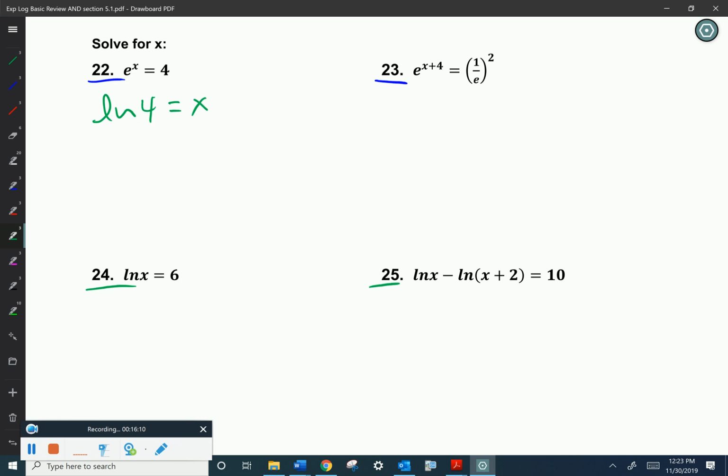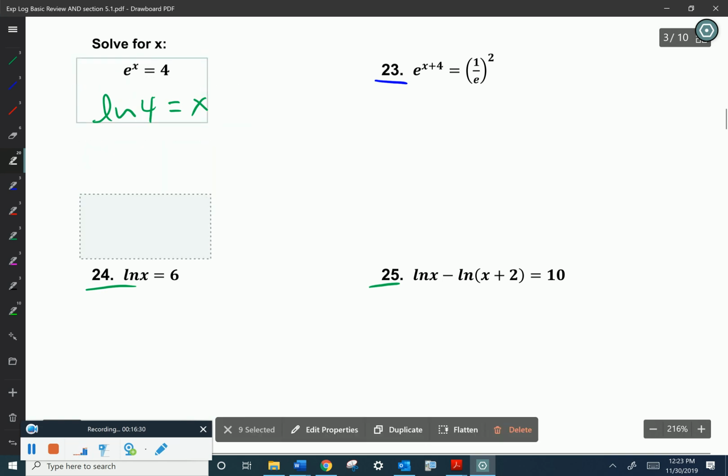I've solved for x. Now, I will say this, a lot of teachers don't teach it to change the form, but what they say instead is, hey, take the log of both sides. So I'm going to move this one down just to show you maybe an alternate form that makes more sense to you.